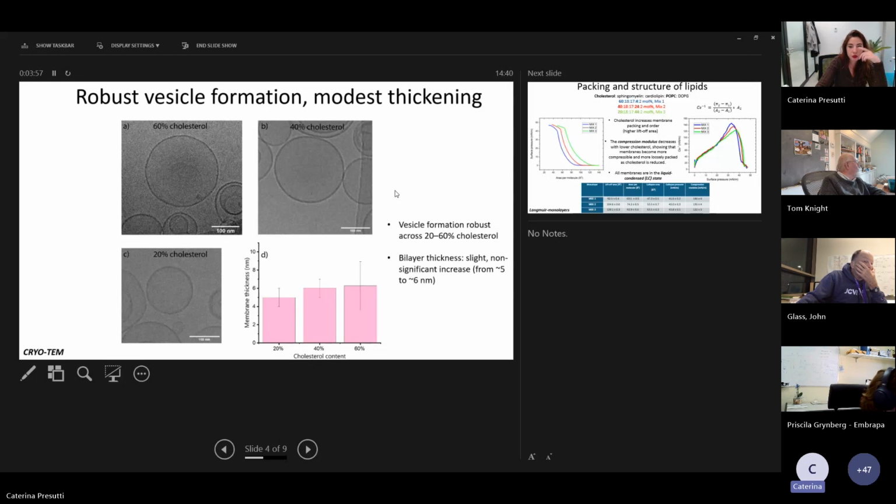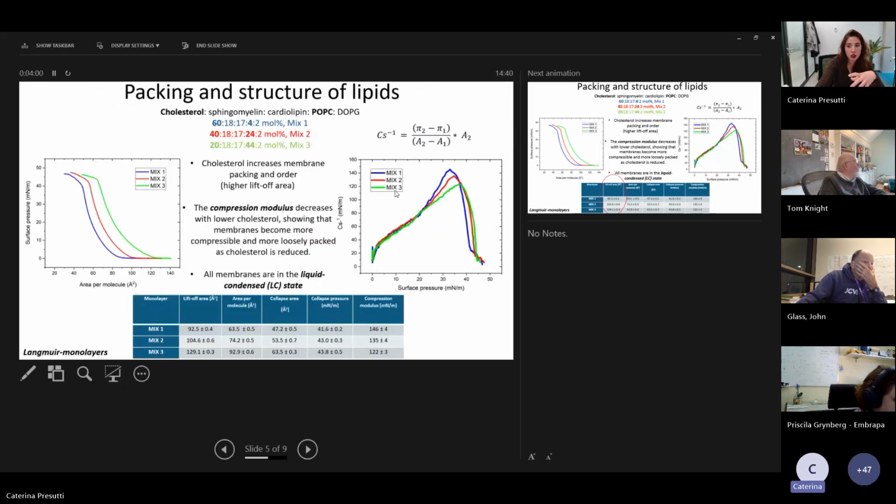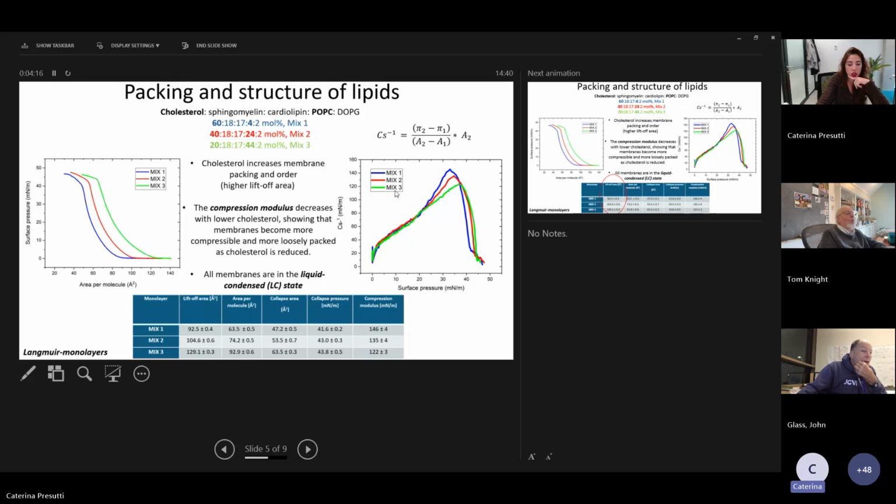And the condensing behavior of cholesterol is supported by Langmuir monolayer analysis, which provides direct insight into the packing properties of the lipids in the monolayer. Here we analyze the isotherm with respect to the lift-off area, that is the first value at which the molecules start to interact and the surface pressure is detected.